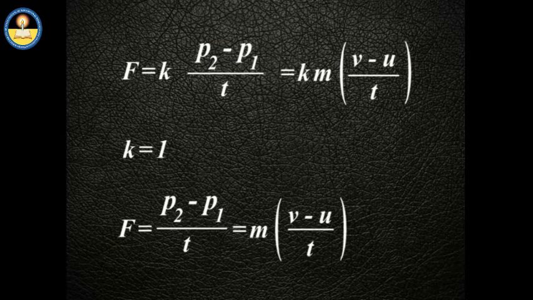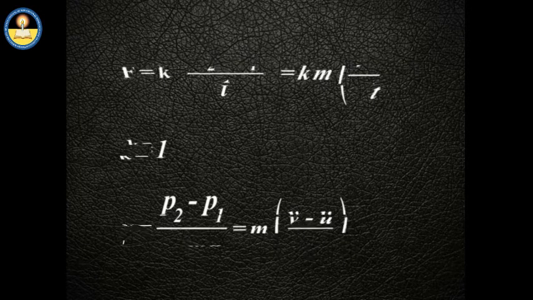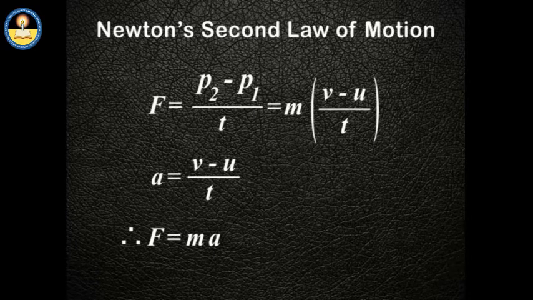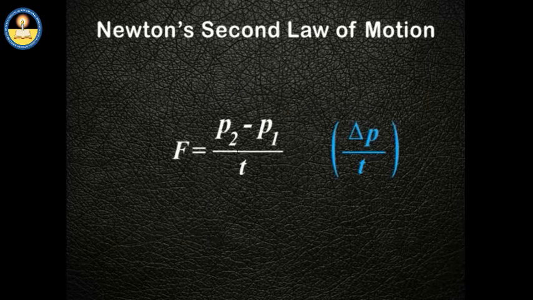In other words, force is equal to the product of mass and rate of change in velocity. We know that acceleration is equal to the time rate of change of velocity. Therefore, force is equal to the product of mass and acceleration. This is the commonly known form of Newton's second law of motion, according to which the applied external force is equal to the time rate of change in linear momentum.